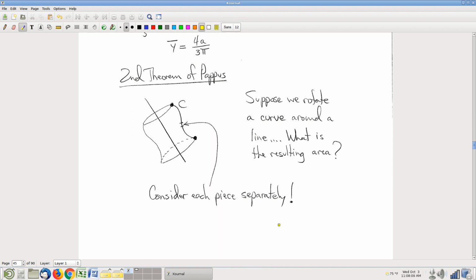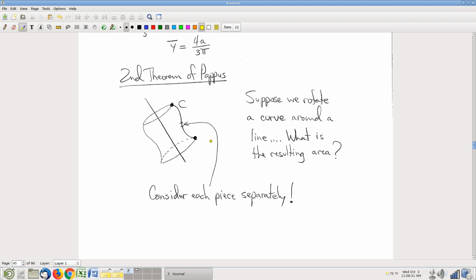I'm not going to spend as much time on this, but it's the same idea, except instead of having an area that you rotate to make a volume, what if you have a curve that you rotate to make an area? Not that different.